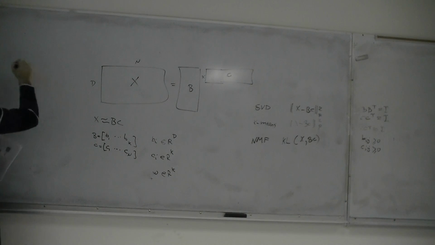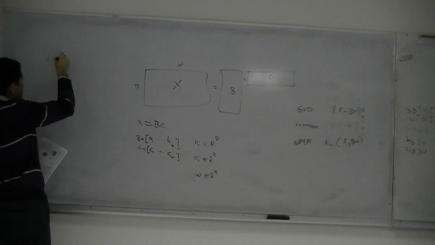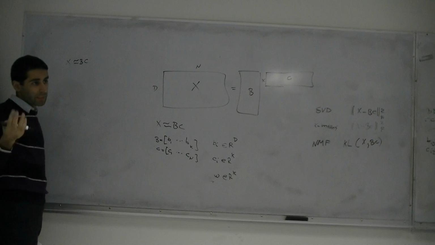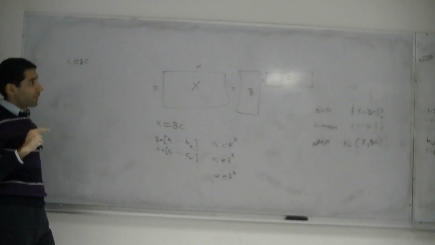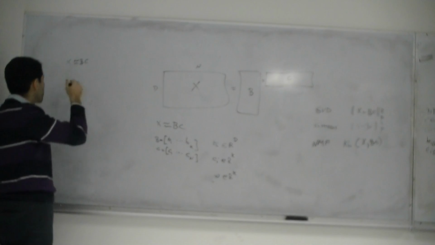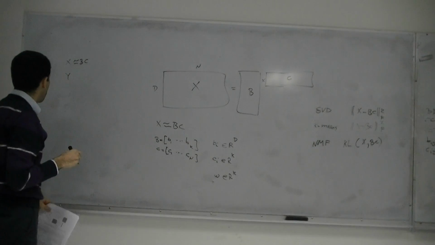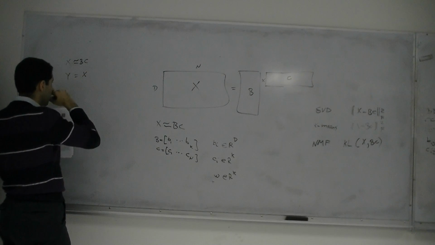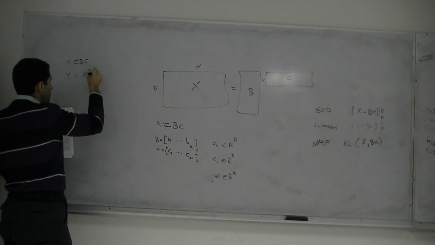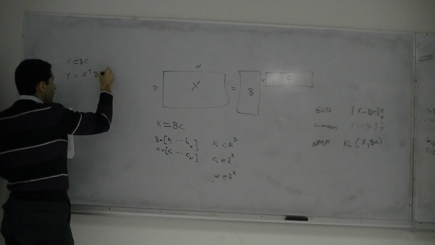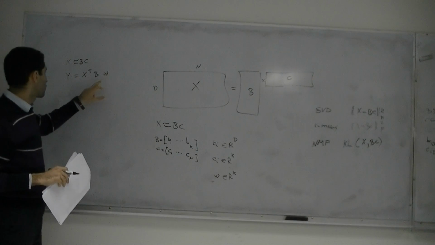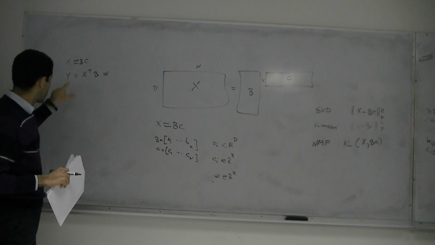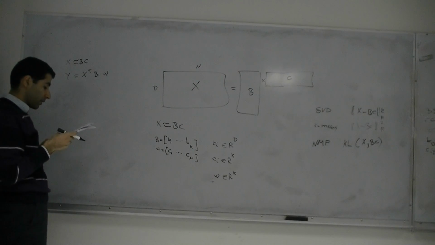Here, as I said, we have X equal to BC, and to represent each vector by this basis function, for example, my vector y is equal to X transpose multiplied by B and a weight function; this weight controls the value of the bases based on the original data to create y.